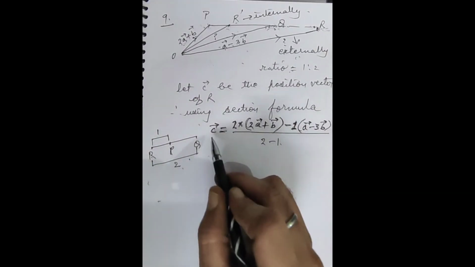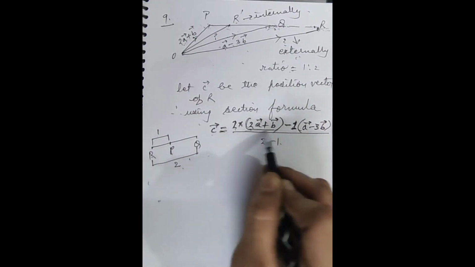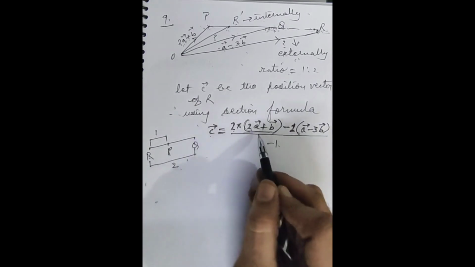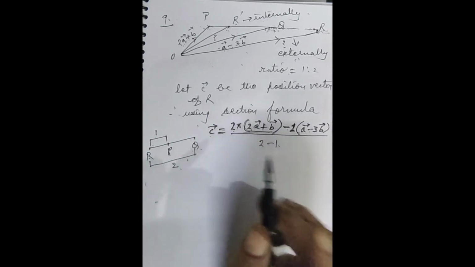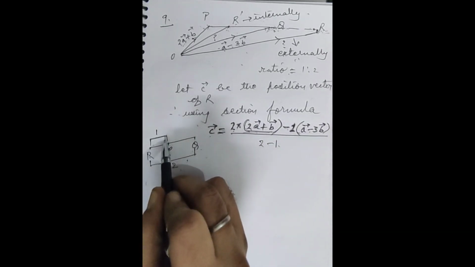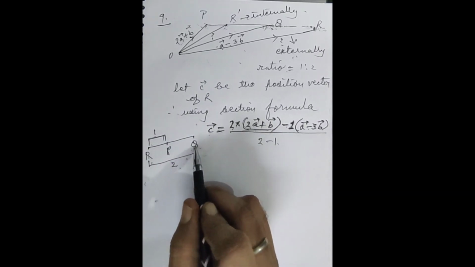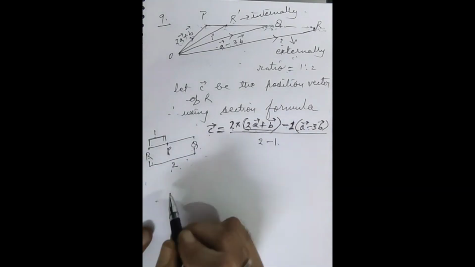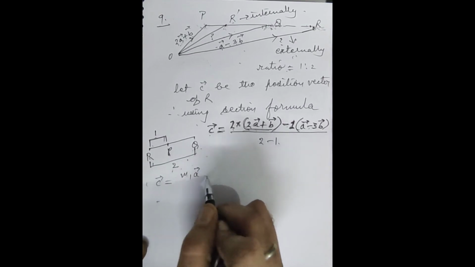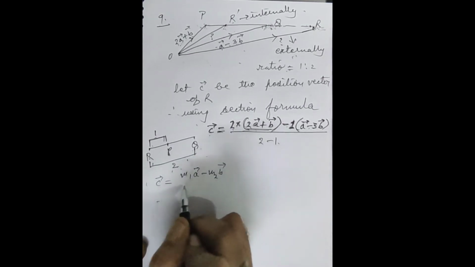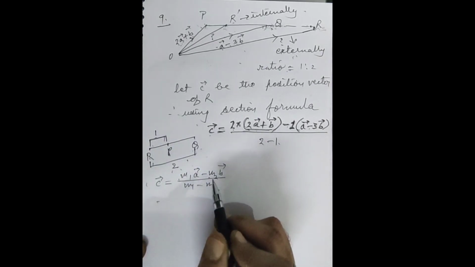Using the section formula we can write c as 2 multiplied to the position vector of P minus 1 multiplied to the position vector of Q. The best way to keep in mind is that 1 actually is a concern of P, so multiply 1 to Q, and 2 is for Q, that's why 2 multiplies to P. Otherwise, by the section formula we write vector c as m1 a vector minus m2 b vector upon m1 minus m2, where the ratio is m1:m2.